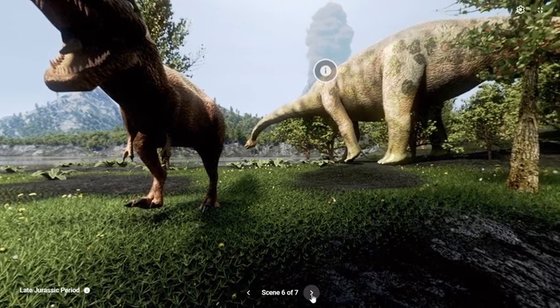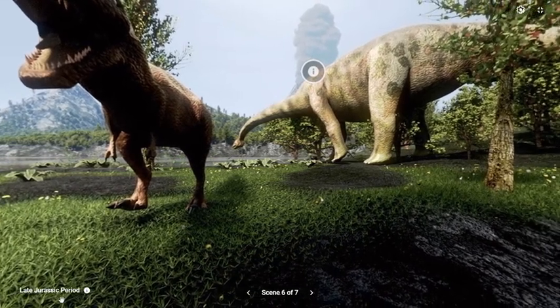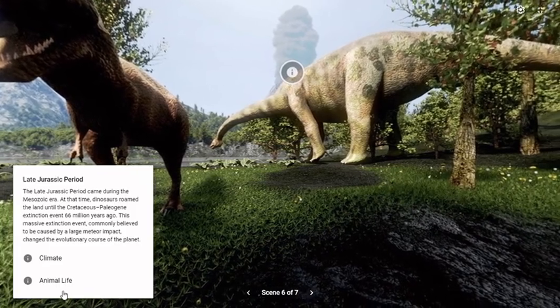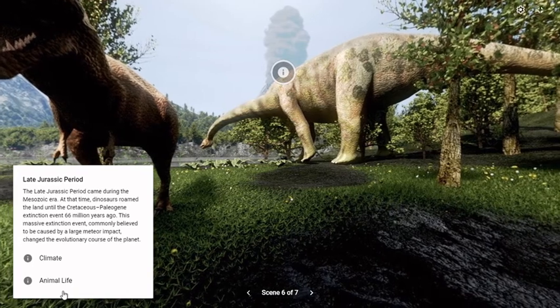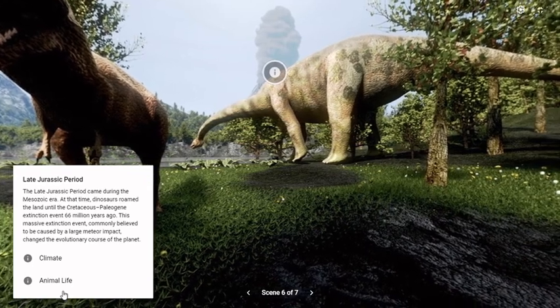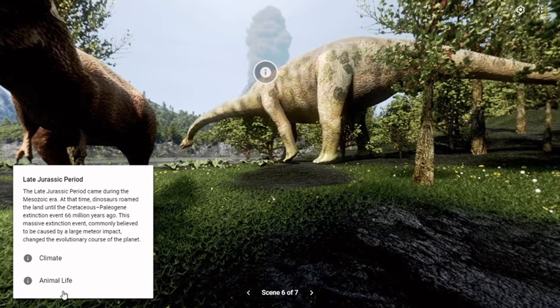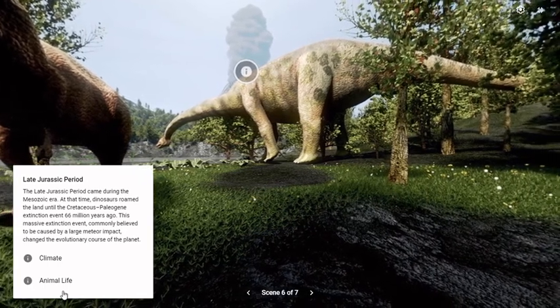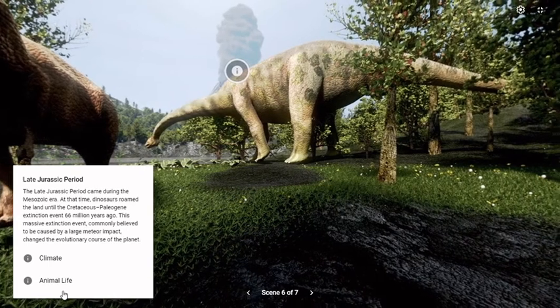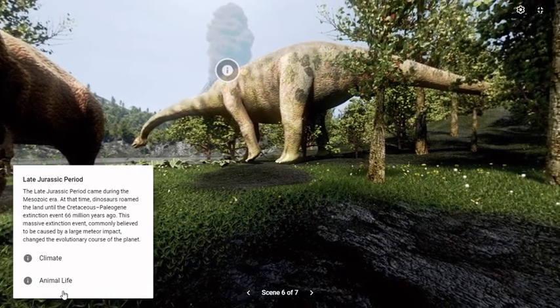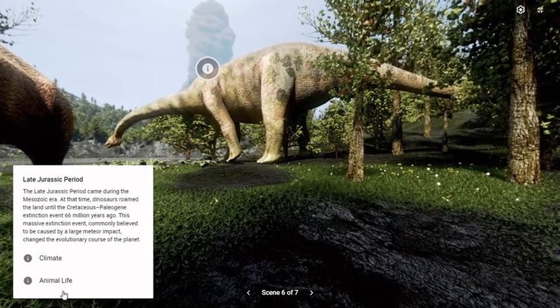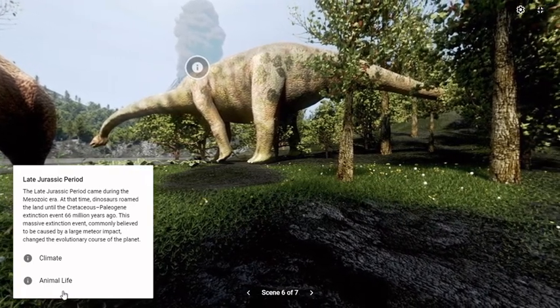Late Jurassic Period. Careful with this one. The late Jurassic period came during the Mesozoic era. At that time, dinosaurs roamed the land until the Cretaceous-Paleogene extinction event 66 million years ago. This massive extinction event, commonly believed to be caused by a large meteor impact, changed the evolutionary course of the planet.